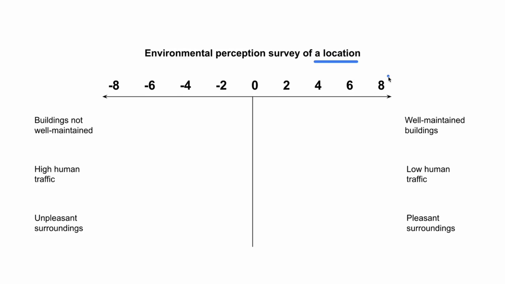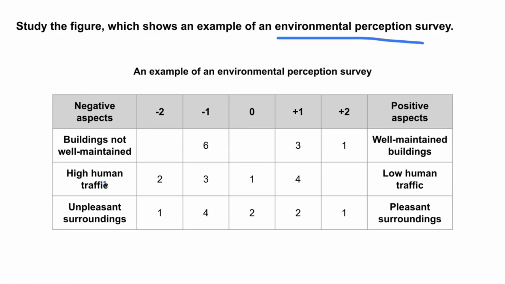The categories here are buildings, maintenance of buildings, human traffic, surroundings. All these categories match the categories given in the environmental perception survey. So you have to do a bit of calculation before you map the survey results onto the bipolar graph.